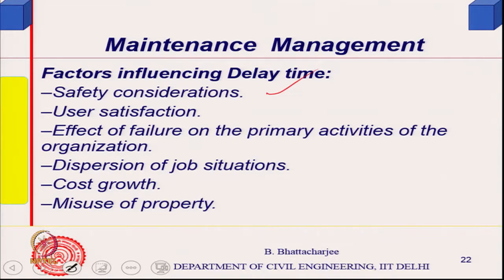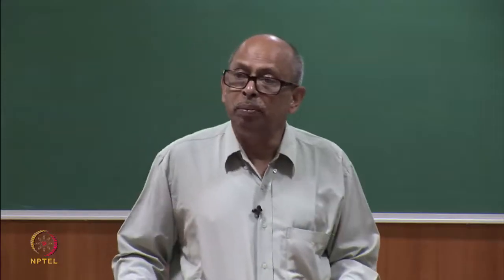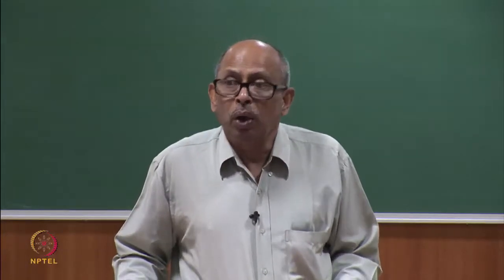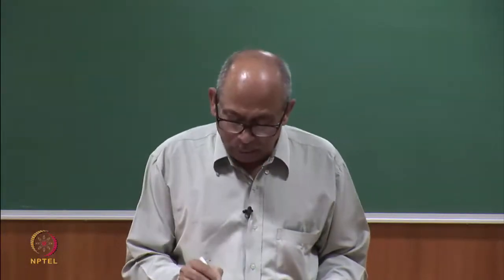Sometimes safety might be affected, and user satisfaction is also another issue. If you delay it, users will be unhappy, and the primary activity of the organization might be affected. Second, if I can delay this job, the sites could be dispersed.